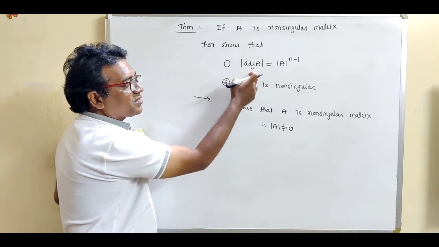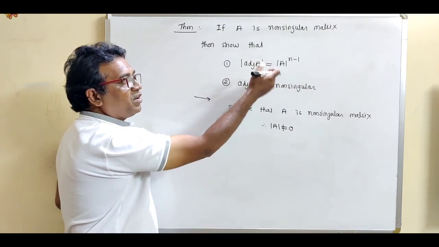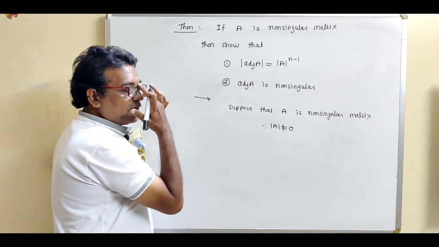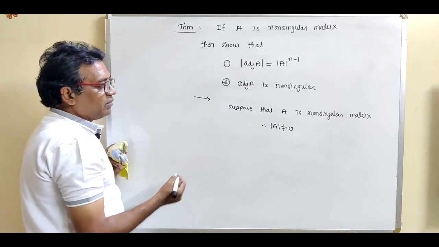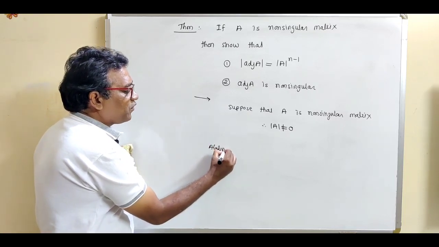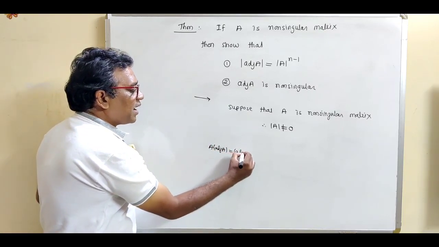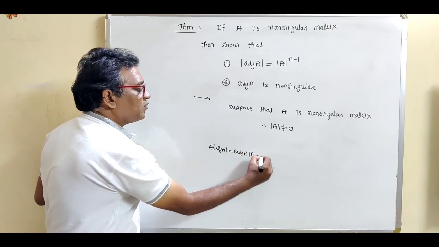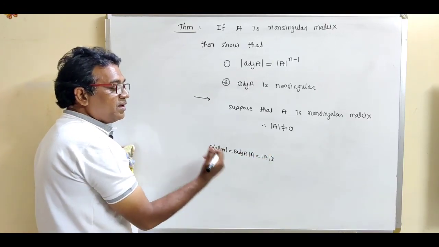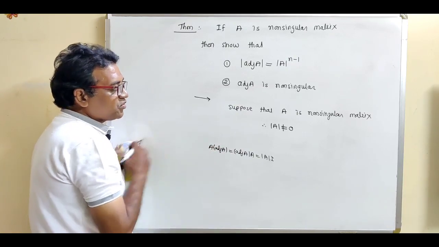Now we want to show this, determinant of adjoint A equal to determinant of A raised to n minus 1. So let us use one theorem, which is the standard theorem. A into adjoint of A, this is same as adjoint of A into A, is equal to determinant of A into R. This result is true for any square matrix. So let us use this result.